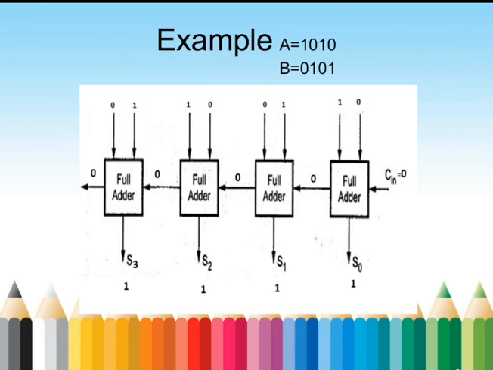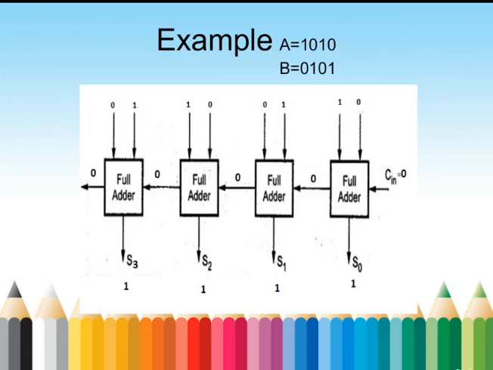In this 4-bit parallel adder circuit, it consists of 4 full adder circuits. Initially, we should consider our input carry as 0. Now, let us examine the bits. A0 and B0 are 0 and 1. Similarly, A1, B1 is 1, 0. A2, B2 is 0, 1.